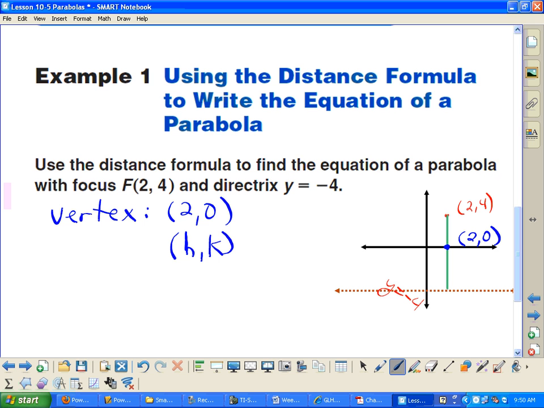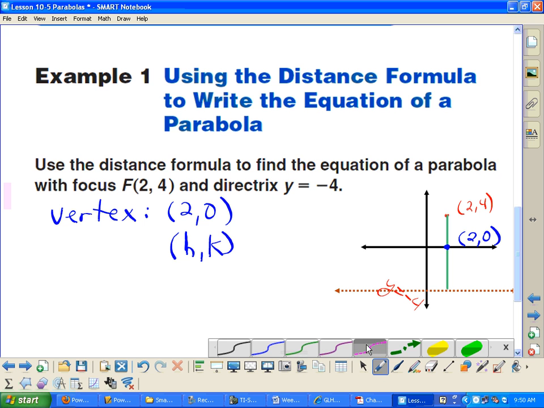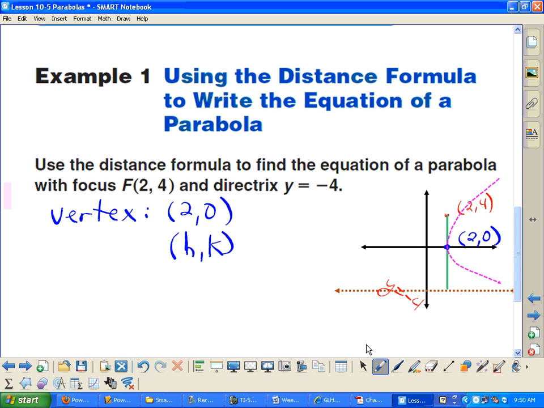If it opened to the right, the graph would go this way, and would that graph ever cross the directrix? Yes, eventually it's going to go through that line. And if it opened to the left, eventually it would go through the line. So what's the only other option? Up. So this graph has got to open up. It's got to look like this.